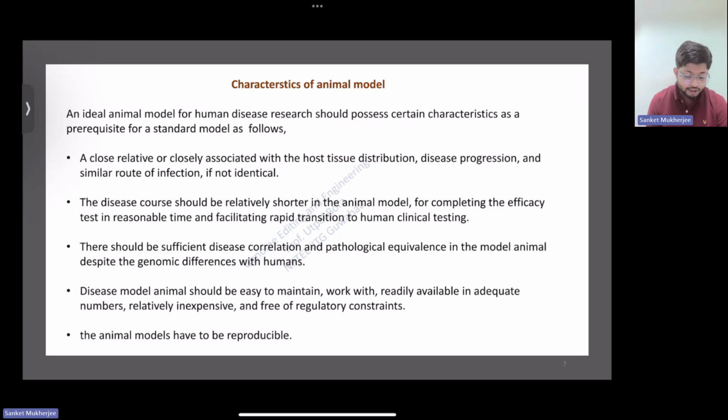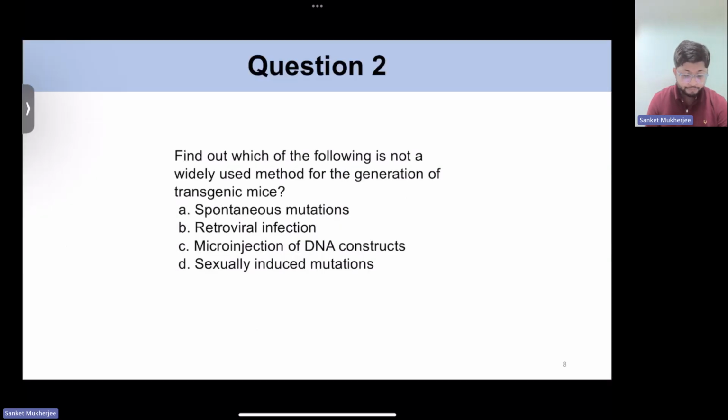There should be sufficient disease correlation and pathological equivalence in the model animal, despite the genomic differences with humans. The disease model animal should be easy to maintain, work with, readily available in adequate numbers, relatively inexpensive, and free of regulatory constraints. The animal model also has to be reproducible.